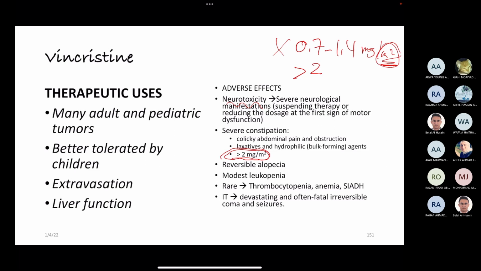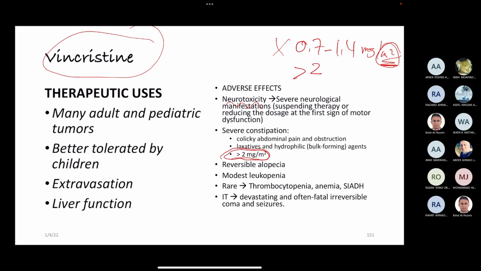Also, vincristine is used, let's say, for leukemia. For leukemia, as we mentioned, we have cytarabine and methotrexate, and those are given intrathecally. Coincidentally, they are given concomitantly with vincristine, because in practice we always try to reduce the injection times of drugs. But you have to know that if you gave vincristine and methotrexate intrathecally, you will kill the patient.